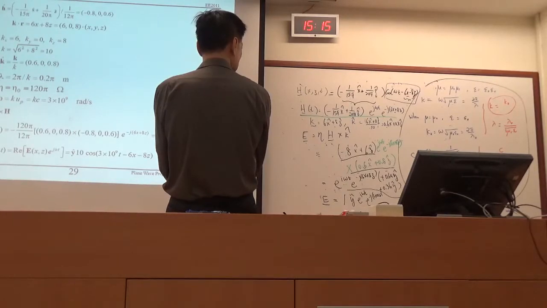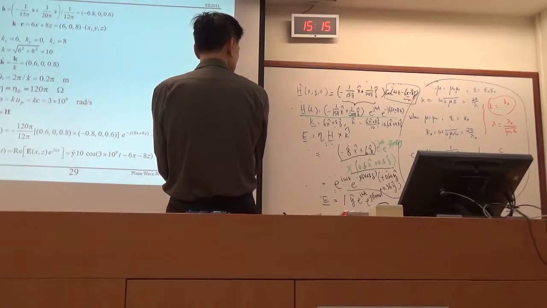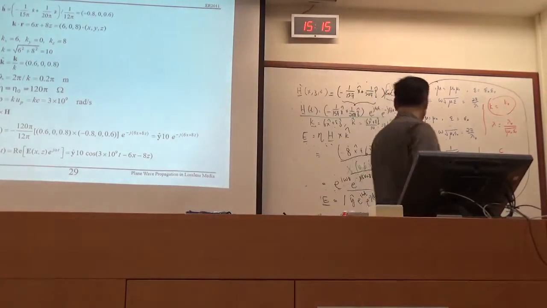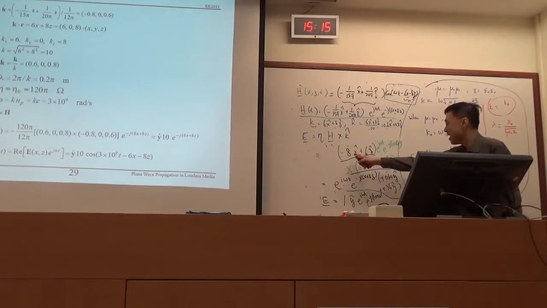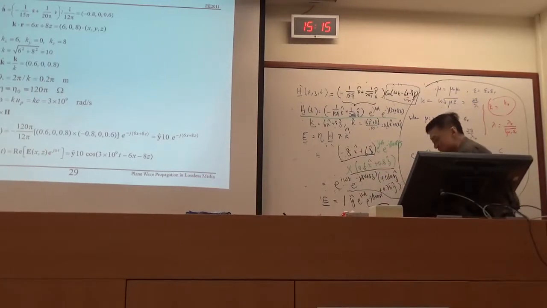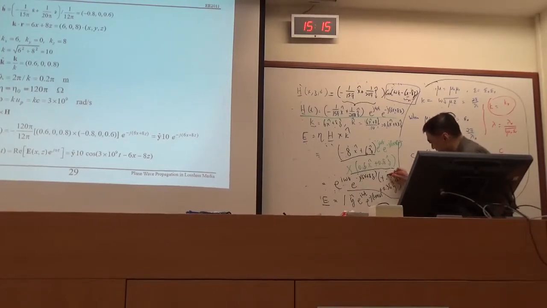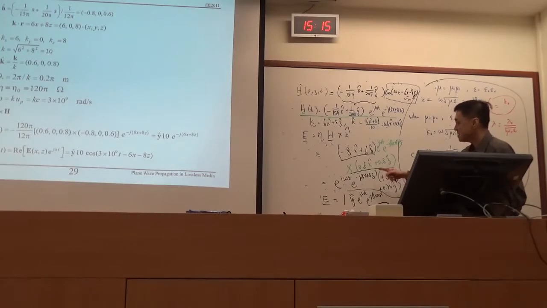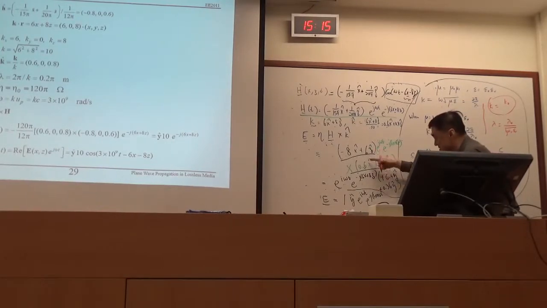Sorry? 0.8 times 8. 8 times 0.8 is not 0.64, it's 6.4. So this is 6.4. And 6 times 0.6 is 3.6. Okay, so it's 10. Yeah, okay.